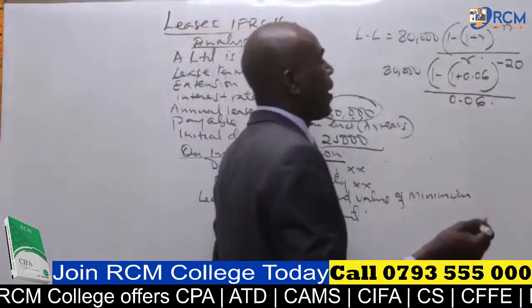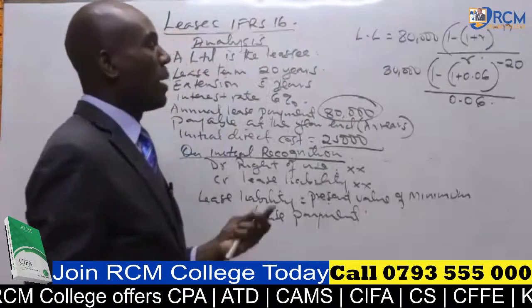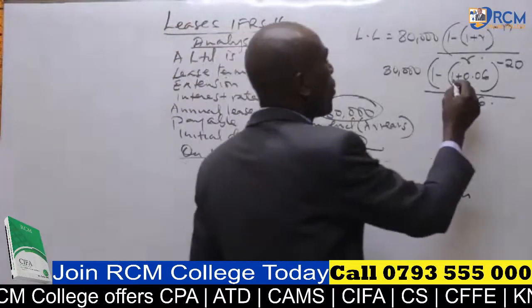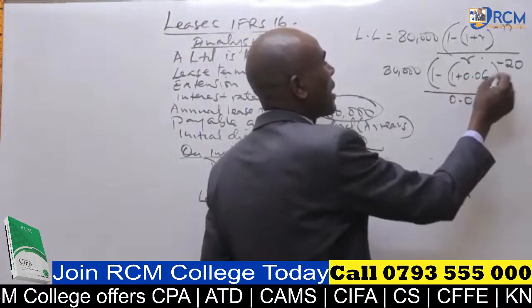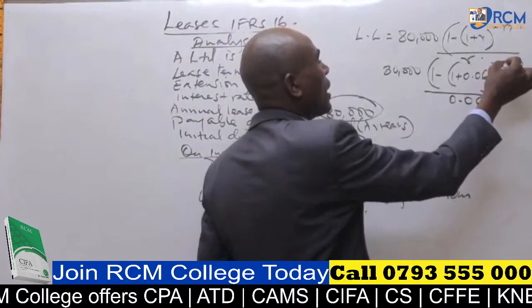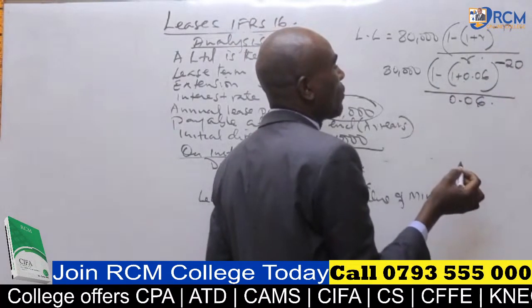Therefore, if I want to put it on a calculator, I know many of you forgot the FM. You take 1 plus 0.06, raise to negative 20.